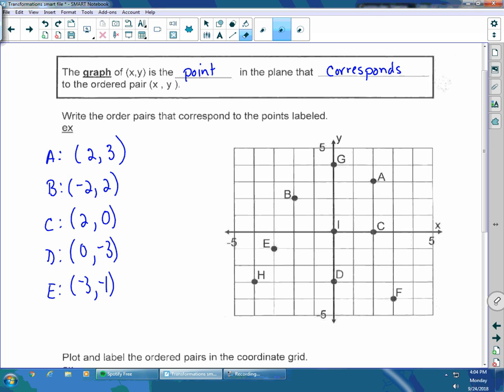Let's see where F is. F is down here. So go ahead and pause the video and figure out how to get to F. Okay, I'm going right 3, that's a positive move, and then down 4, that's going to be a negative move. And G is up here.